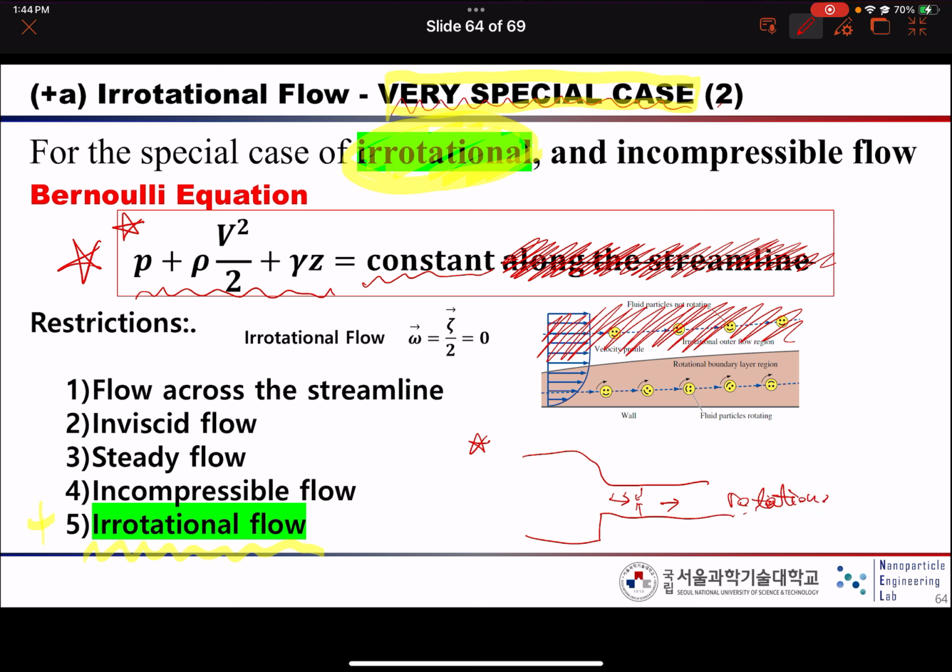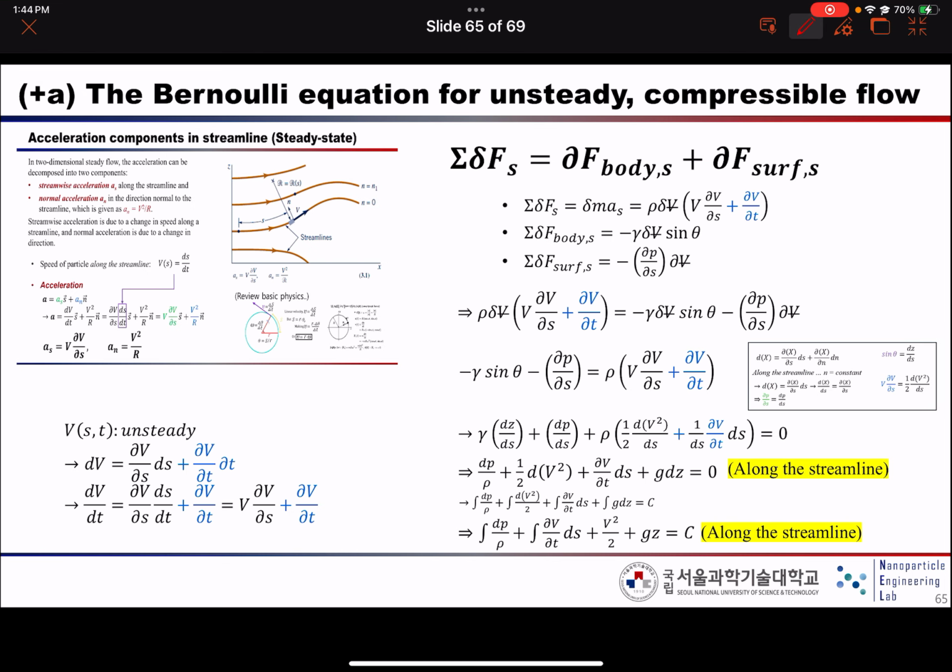So you cannot use this concept, but if you solve an external flow, in that case you can make an assumption of irrotational flow, and then you can apply the Bernoulli equation anywhere. So this is the extra item.